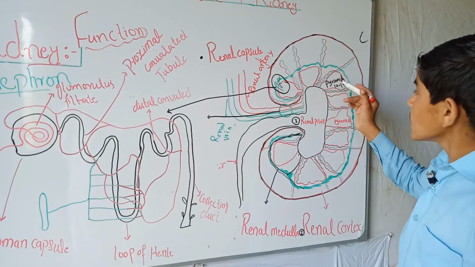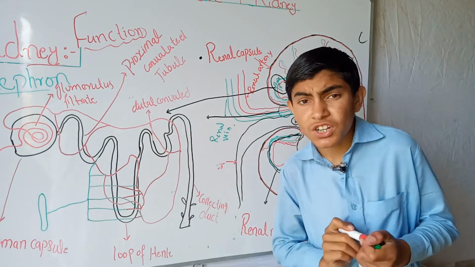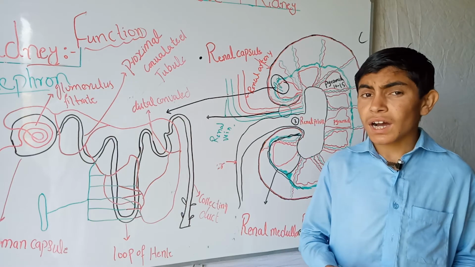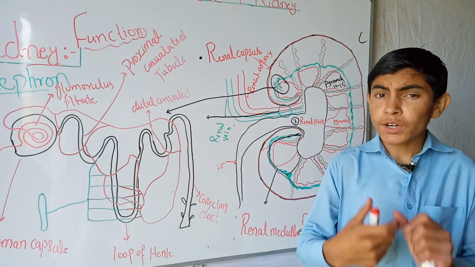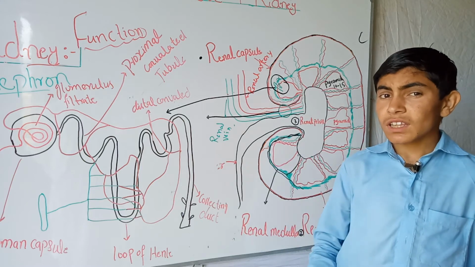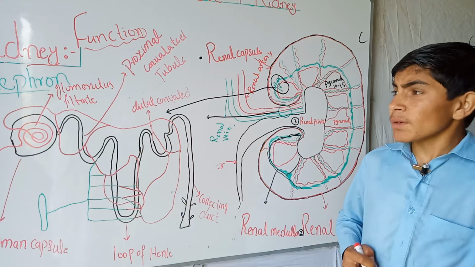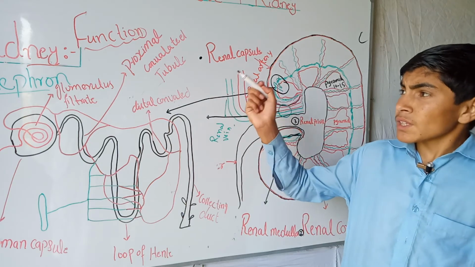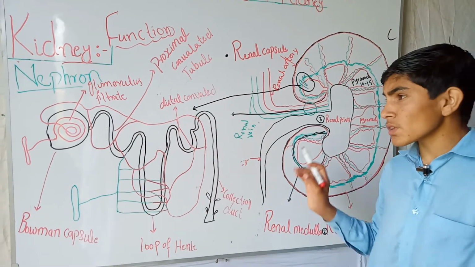Inside the renal pyramids there is a basic structure which we also call the basic structural and functional unit of the kidney, named the nephron. So let's start with the nephron, because the kidney performs its function through the nephron.